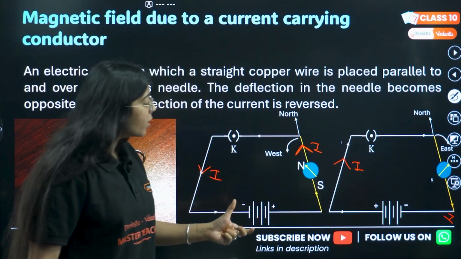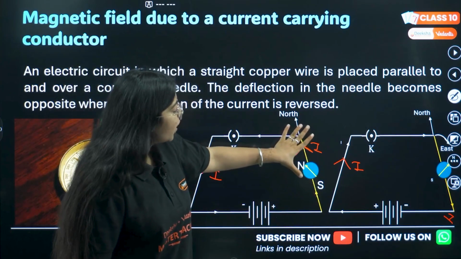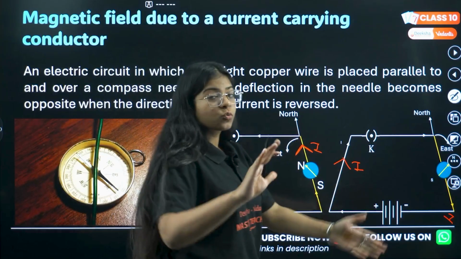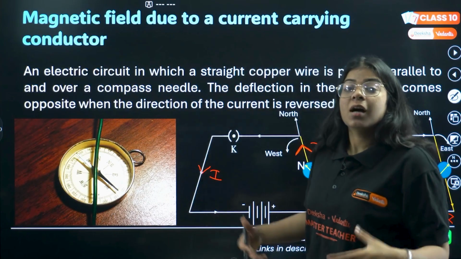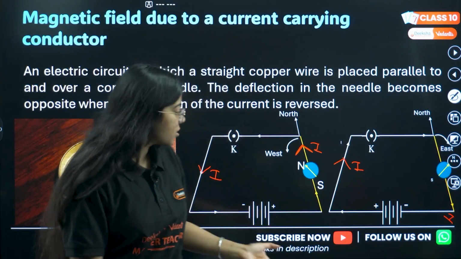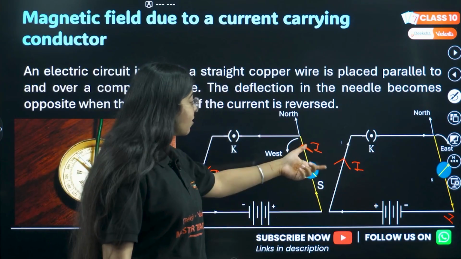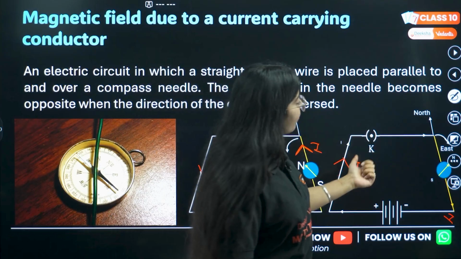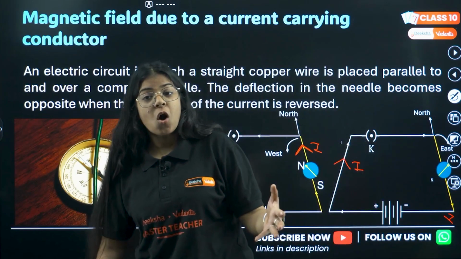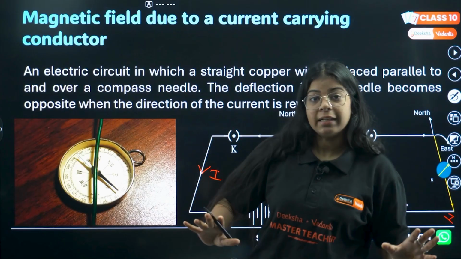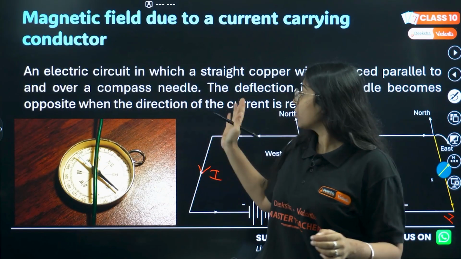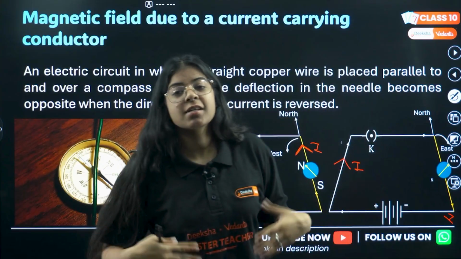So what we saw is, when the current was upward, the needle was in a particular direction. But when we switched the direction of the current, the direction of the compass needle got reversed. If it was getting deflected towards the west, now instead of west it's getting deflected towards the south. So we saw that the deflection in the needle becomes opposite when the direction of the current is reversed.